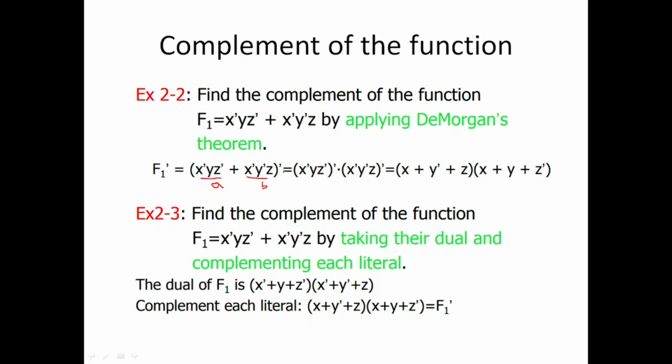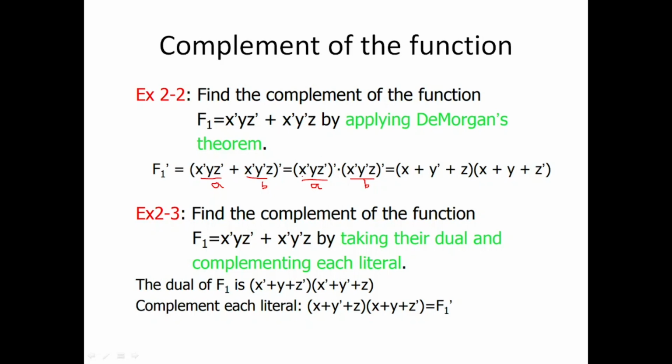We know by De Morgan's law, (A plus B)' is A' dot B'. So we have written A' here, and this is B', because the first term is considered as A and the second term is considered as B here. So (A plus B)' can be written as A' dot B' by De Morgan's law.